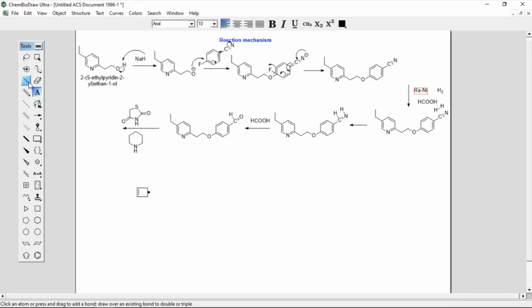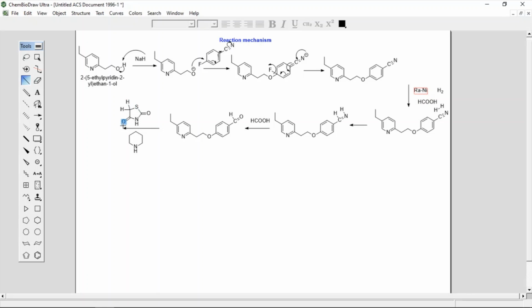So this thiazolidinedione has this active methylene CH2 group, and the proton present on this carbon becomes acidic because it is attached to electron withdrawing groups, sulfur and carbonyl.